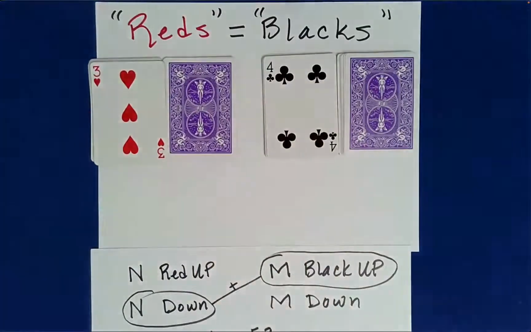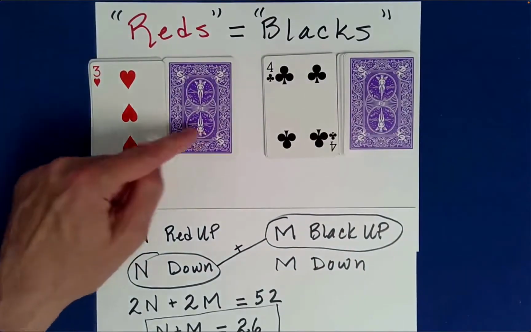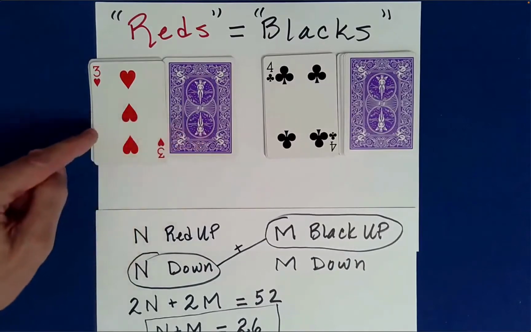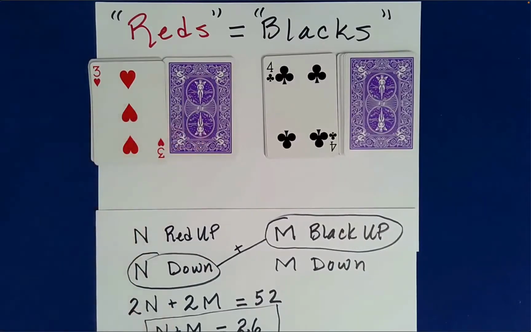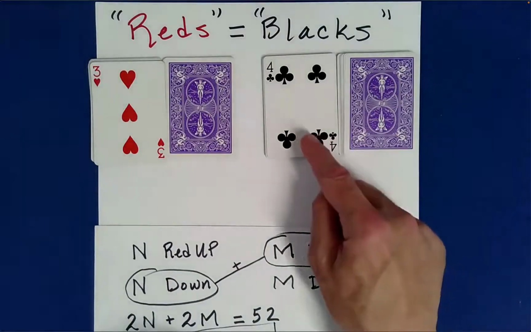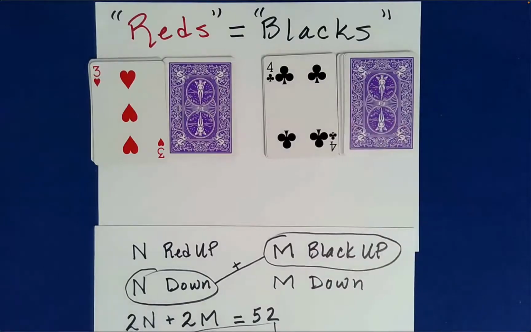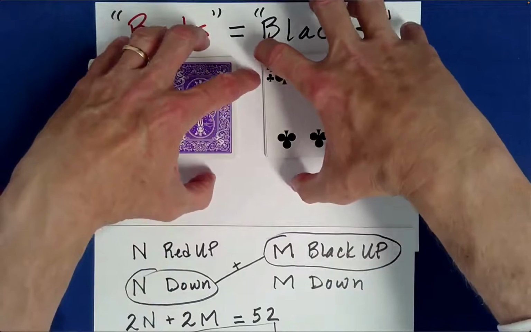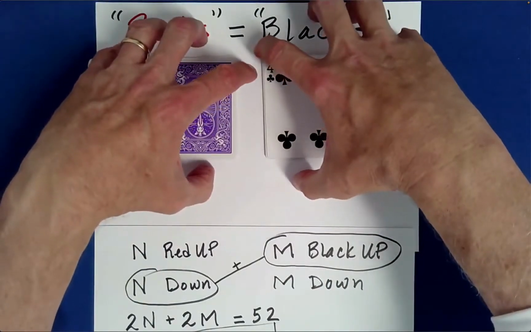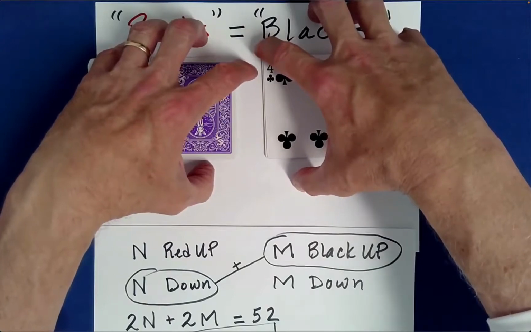Okay? Well, what do we know? We know that the sum of these two packets is 26. That's how they were gathered. We know that the sum of cards in these two piles combined will also be 26. So these constitute a perfect division of a deck of cards into two halves right now.